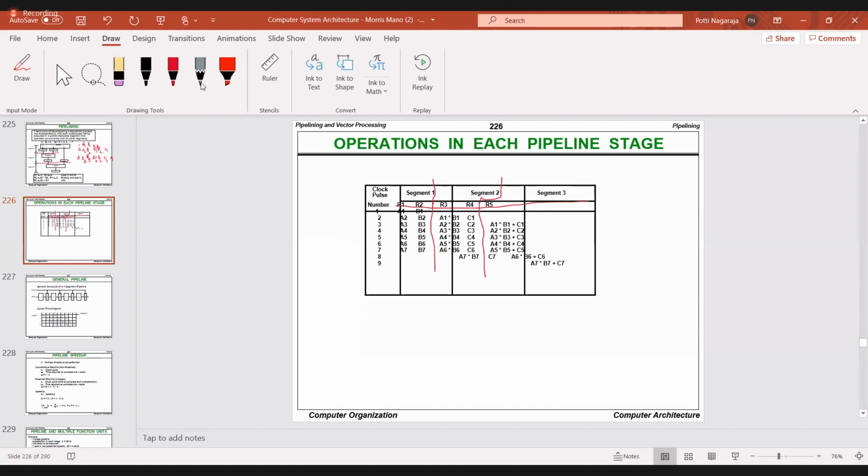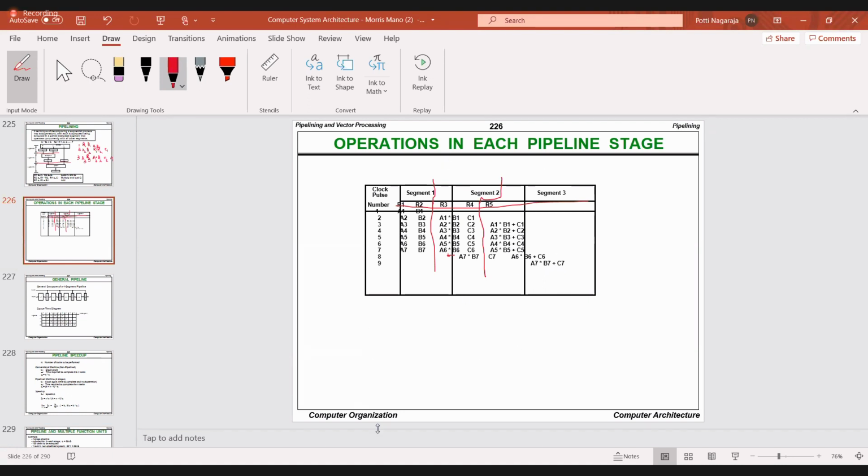Did all of you understand what I said in this slide? This is A7 B7 here. Actually it is little bit shifted, and C7 is here, and here A6 into B6 plus C6, and the last step is A7 into B7 plus C7. So this is nothing but pipelining.